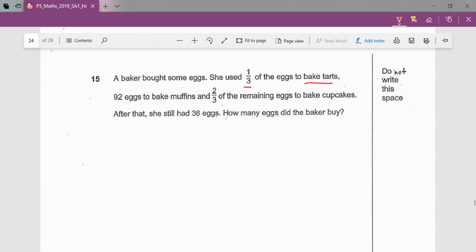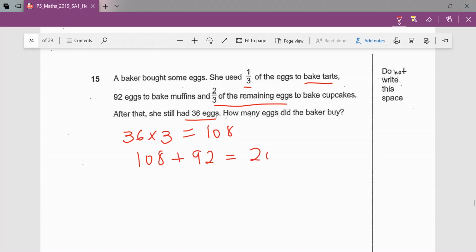So the 92 plus the 2 out of 3 of the remaining plus 36 is actually 2/3. 36 times 3 is the amount remaining, that is 108. 108 plus the 92 eggs to make muffins, that would be 200.